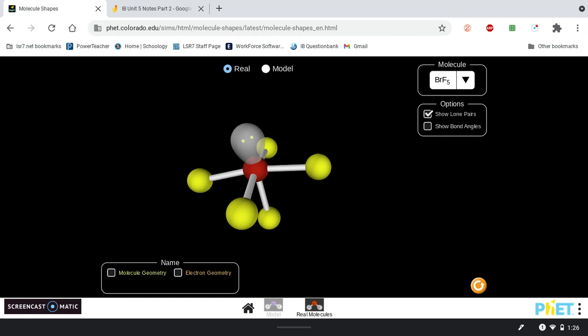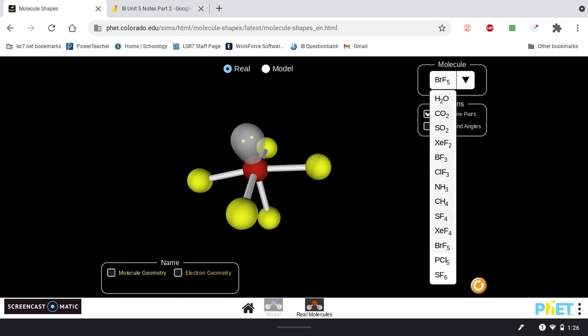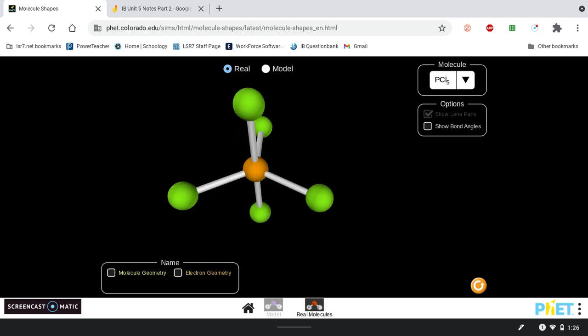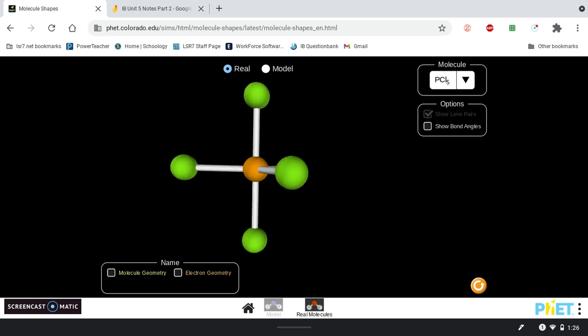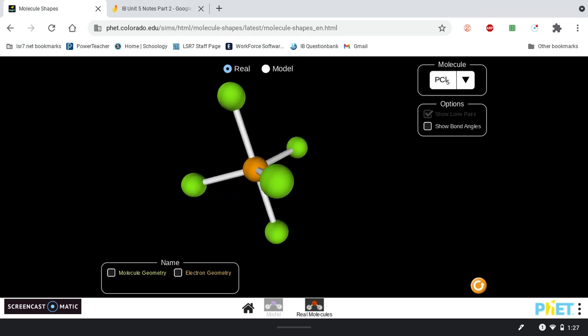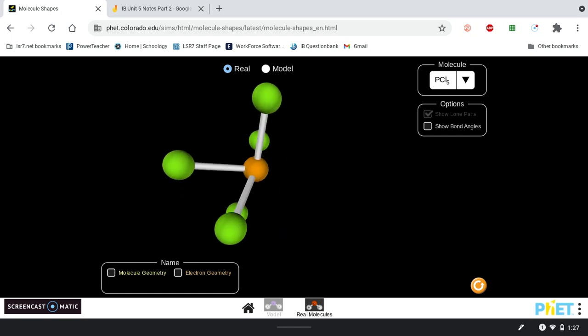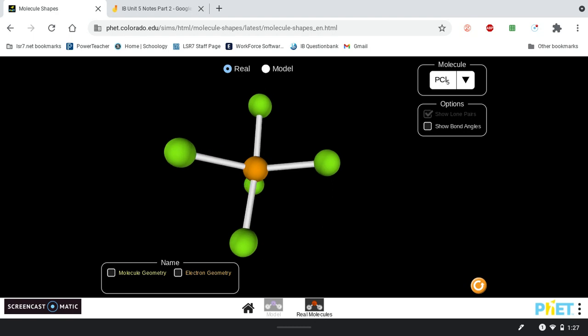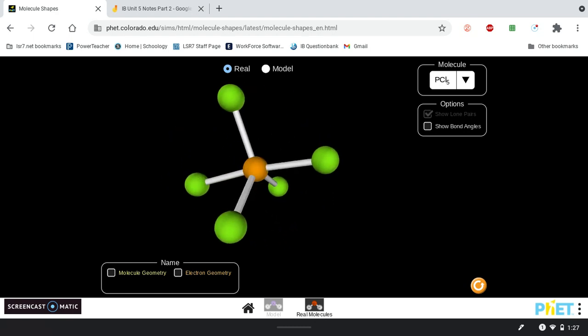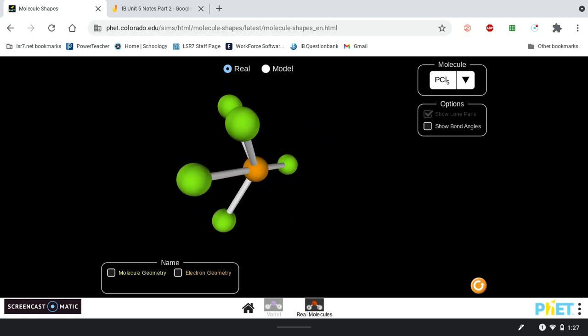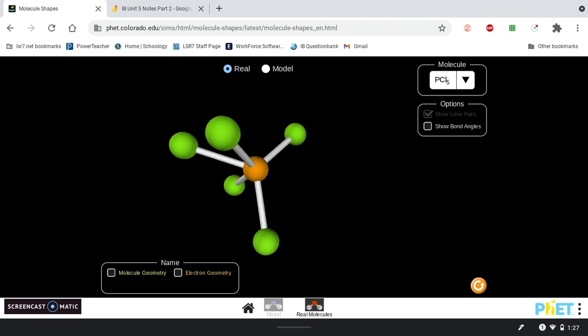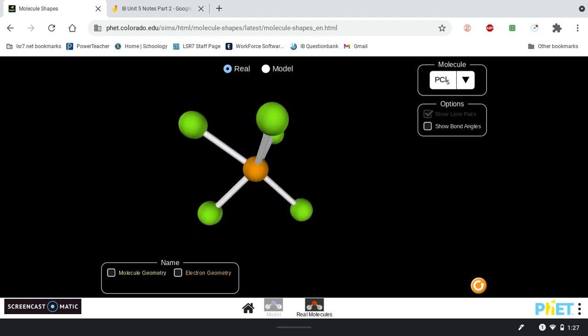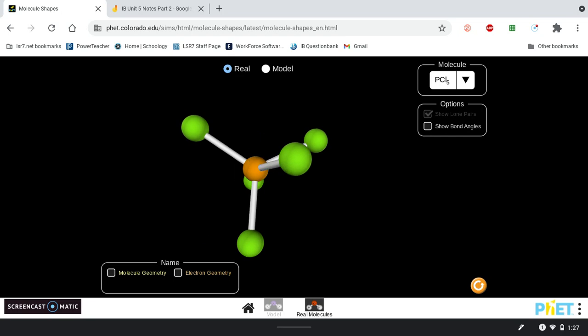That's why it's square pyramidal. And there we go, there's the trigonal bipyramidal. So I can say it has 5 electron domains. That's why it's trigonal bipyramidal. You can move these around, but they always bounce back because they're repelling each other, right? Even if you pull them next to each other, they push back, and that's that idea of repulsion.